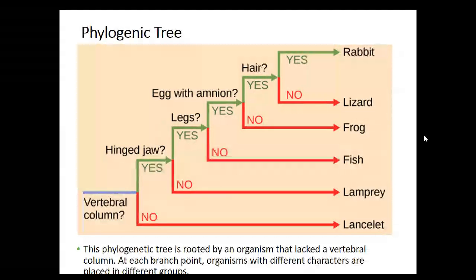So that would be a shared characteristic of all of these. But a derived character means just any of these that were derived or appeared later than a common ancestor.